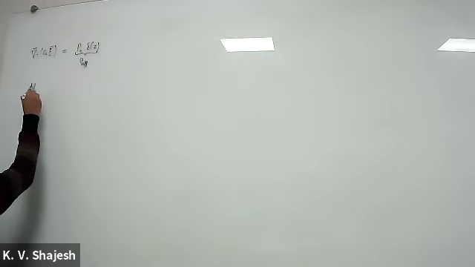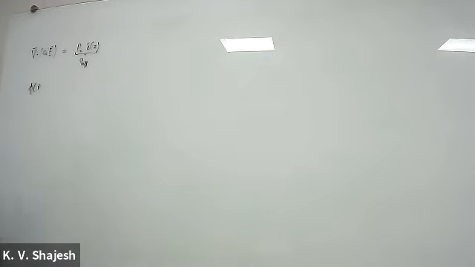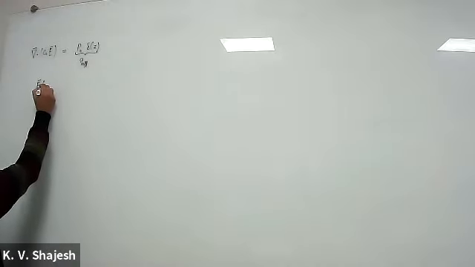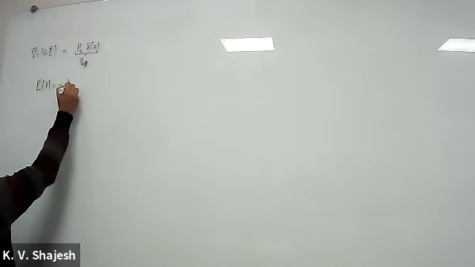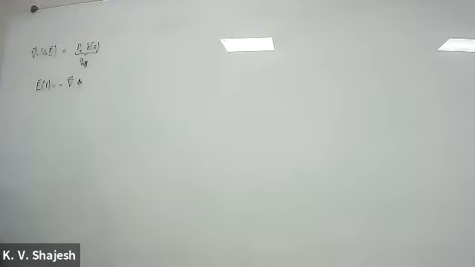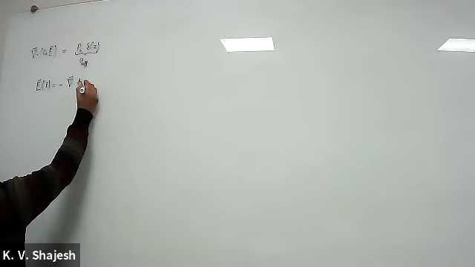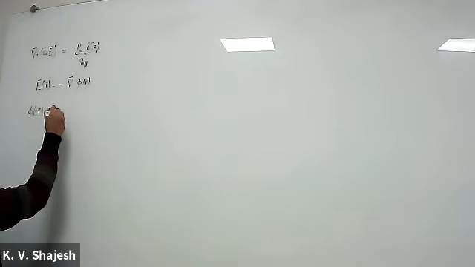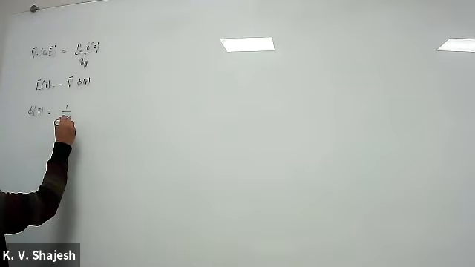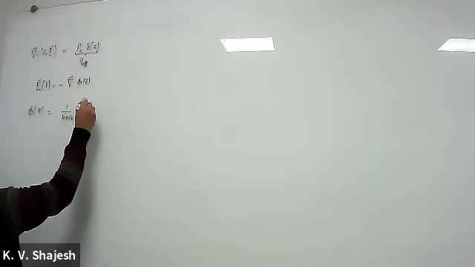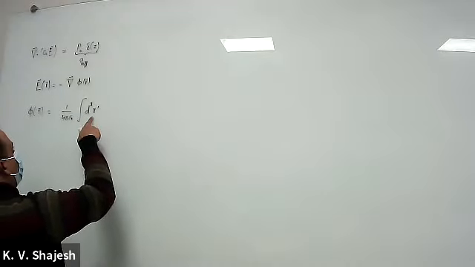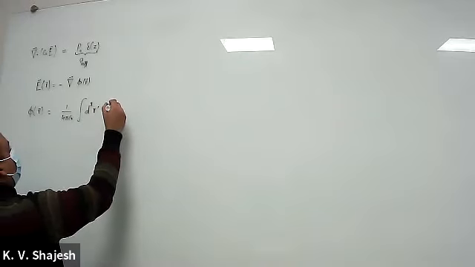So the electric field is equal to the negative gradient of the electric potential, and the electric potential using the superposition principle is 1 over 4 pi epsilon naught times the integral of d cubed r prime. So integrate over all the places where there are charges, and this is rho effective now.